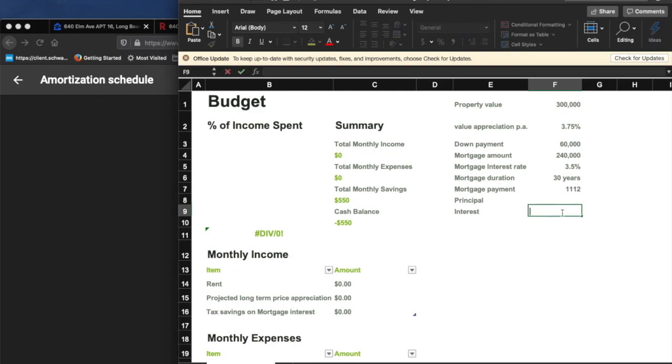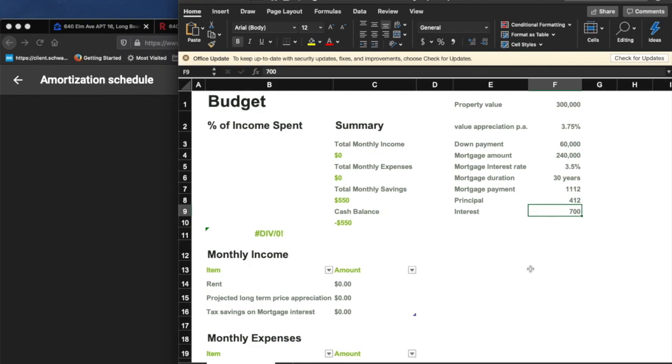So my interest is $700 per month, which means that $1,112 minus $700 is $412, roughly going towards the principal. Now, we need to distinguish between two different types of calculation.